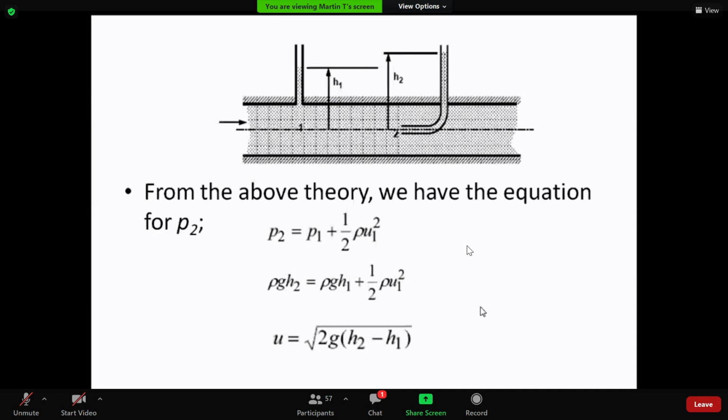A piezometer is just an open tube. We press it perpendicular to the direction of flow. Remember, that's how we measure static head. So at point 1, that's a piezometer.